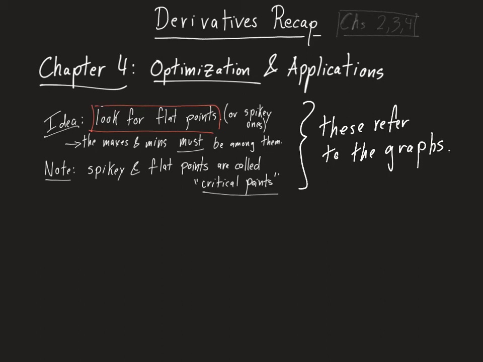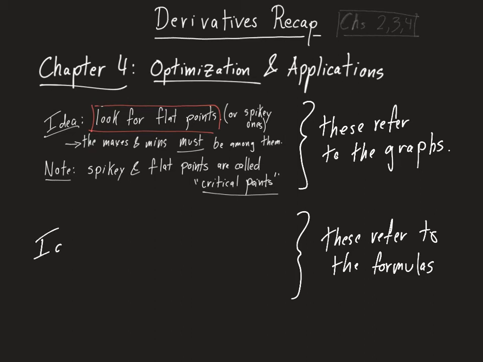These are always valid ways of thinking about the problem. These are just the graphical interpretation of the ideas here. If you're trying to relate this to the formulas, then the idea is still the same. There is nothing different here.